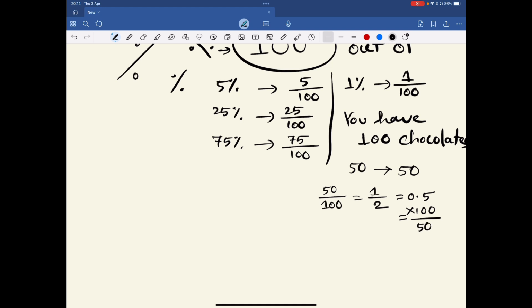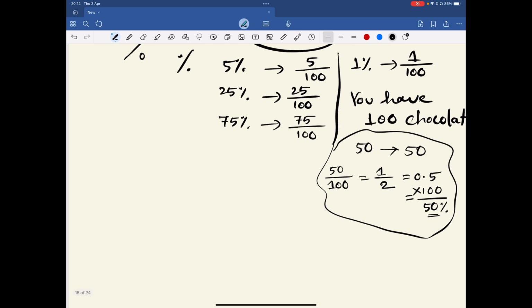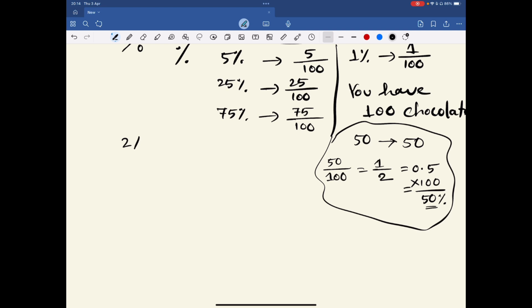And whenever you times a decimal number with 100 and you get a whole number, you can write it like this: 50%. I will explain all the things later again, but this is the way to show percentage.